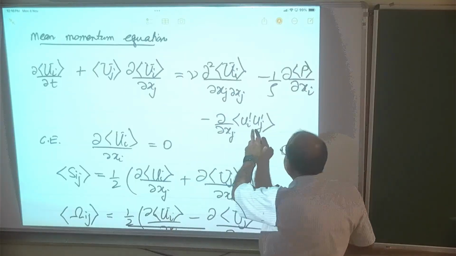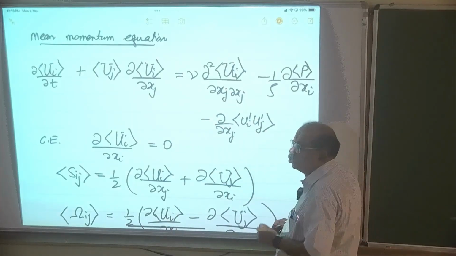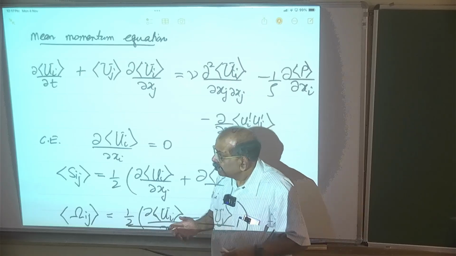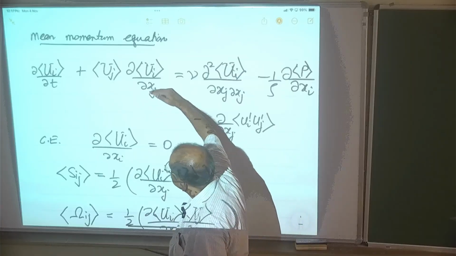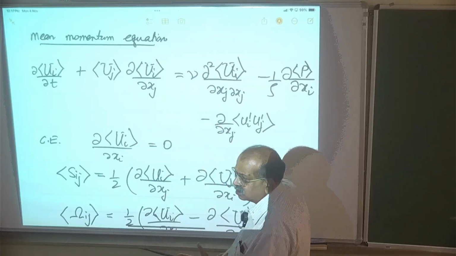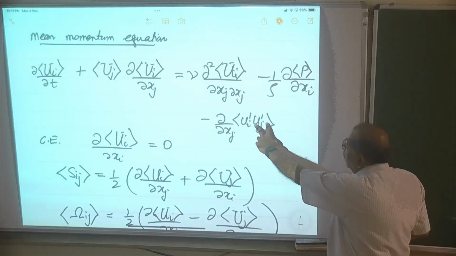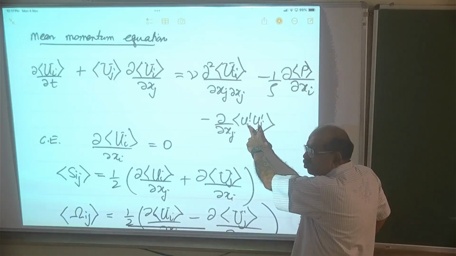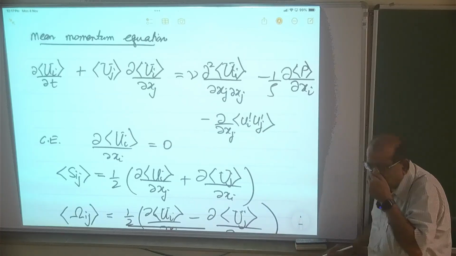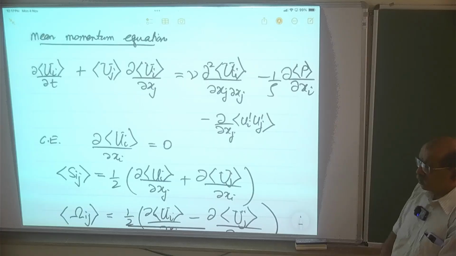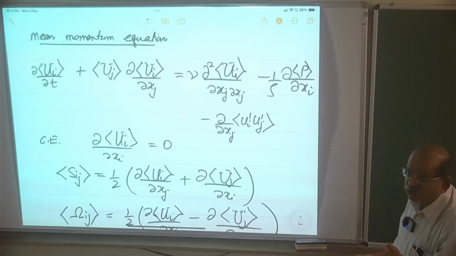But then there's a term here, ui prime uj prime, for which there is no equation. If I look at just these two equations by themselves, then I find ui prime uj prime is equationless. And this is what we say is the closure problem, that the equations are unclosed.